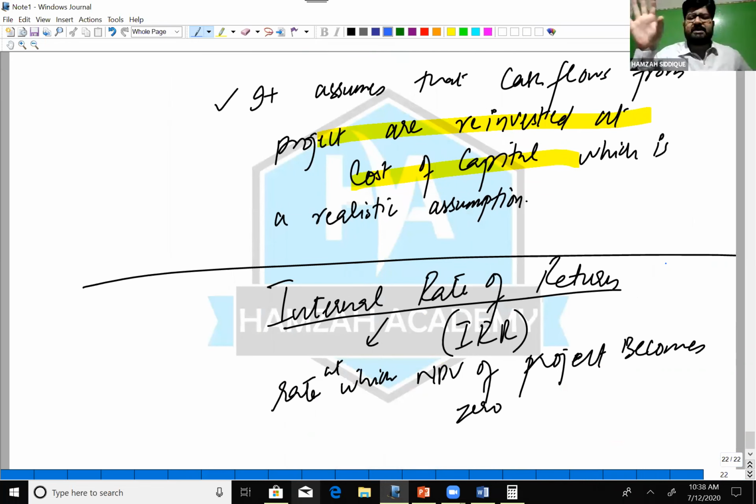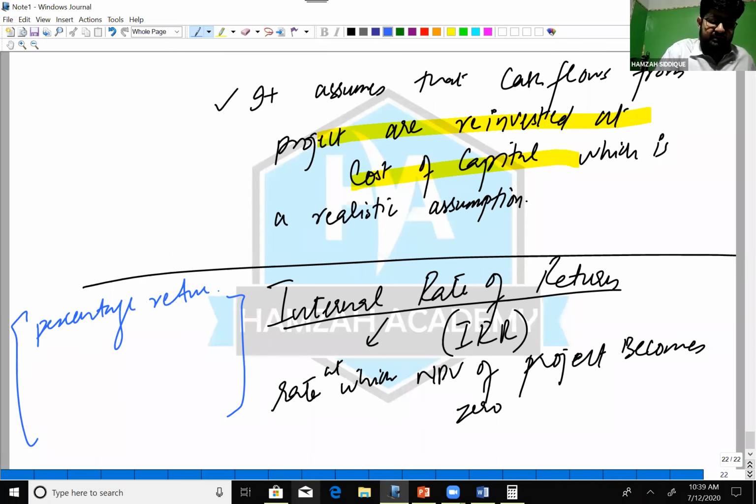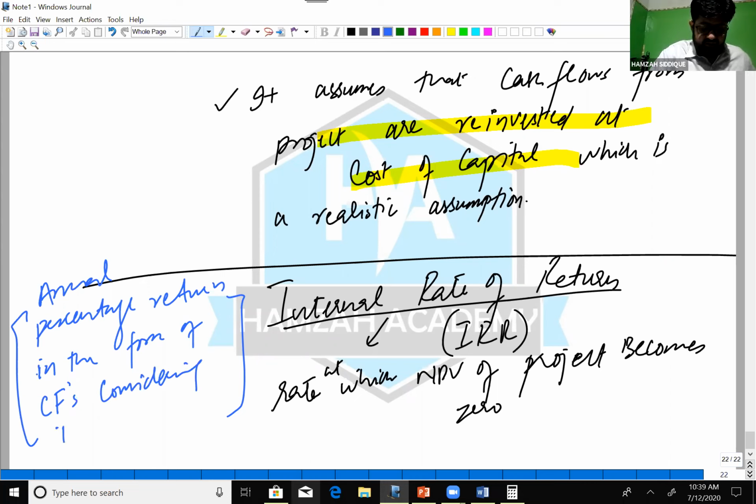You need not write it in the exam, but for your understanding, this is my own interpretation: IRR is the annual percentage return, in the form of cash flows, considering the time value of money, from a project.